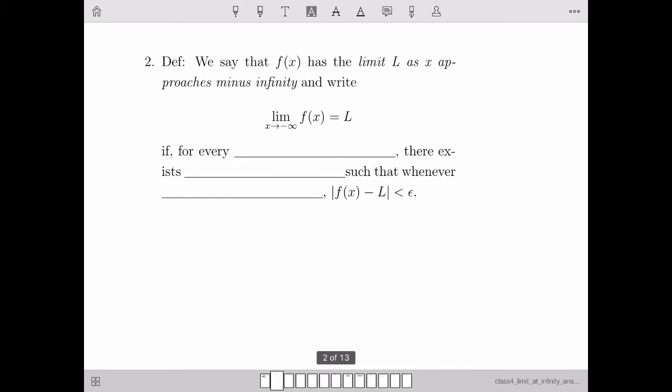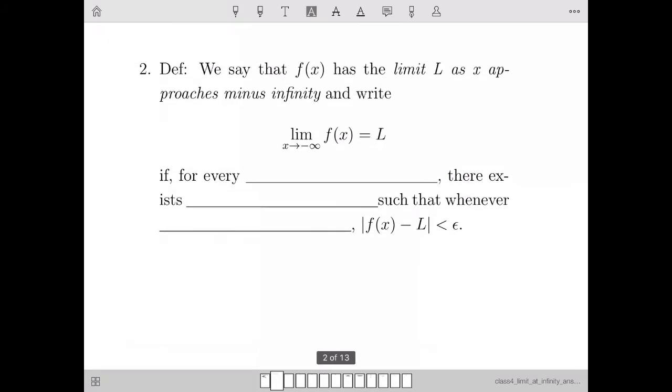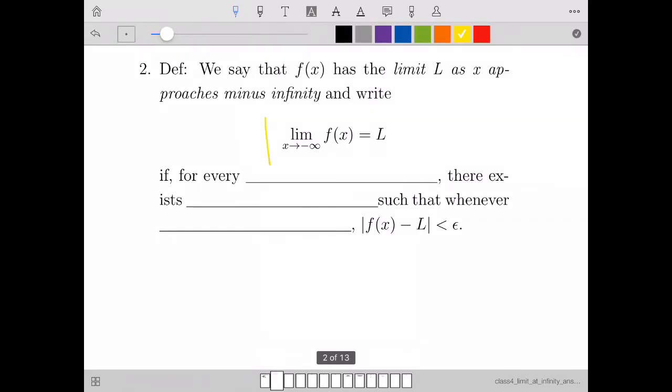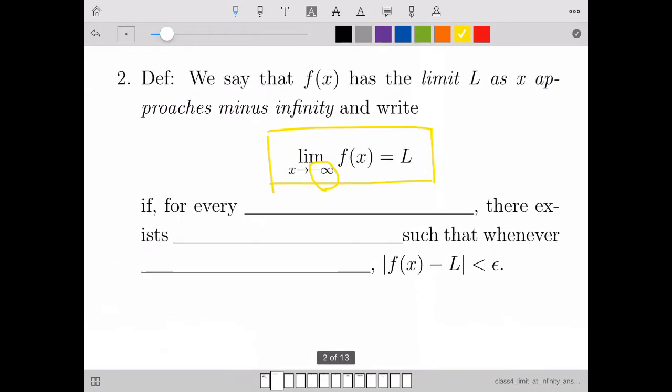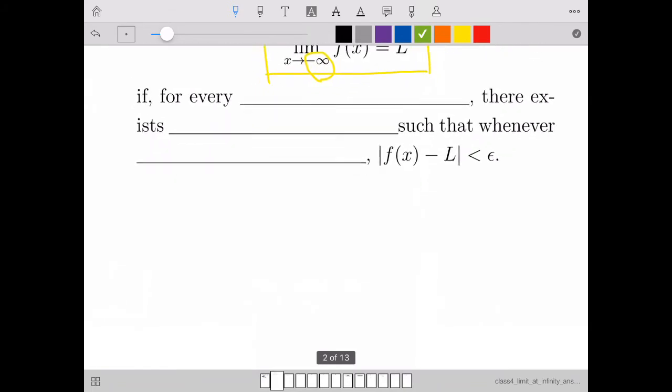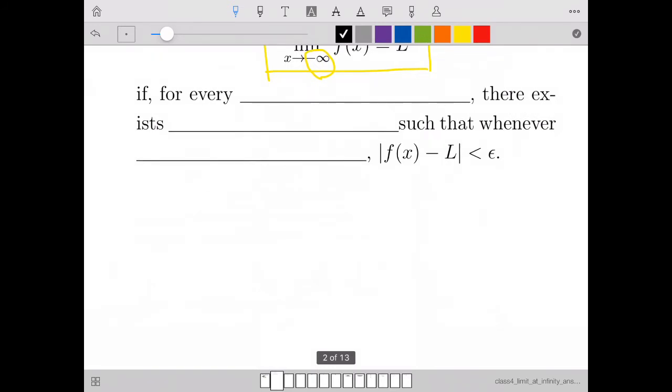Now, when do we say the limit of f of x as x approaches minus infinity of f of x is L? Again, that L is a definite number. So it is exactly the opposite situation.